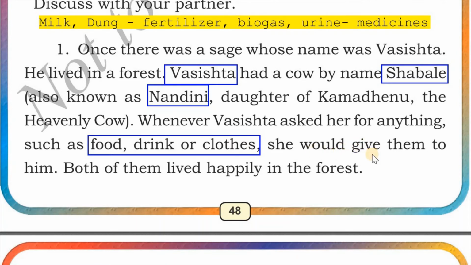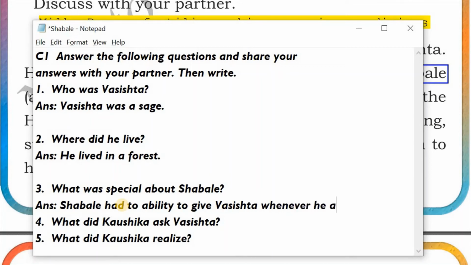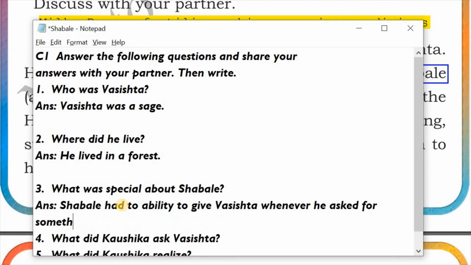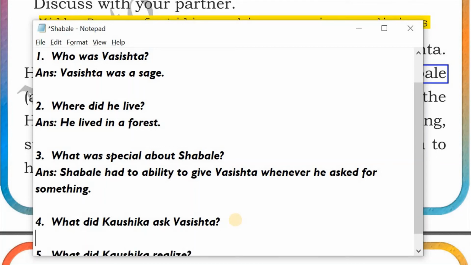So we can say that Shabale had the ability to give Vasishta whatever he asked for. So that was what was special about Shabale. Next question. What did Kaushika ask Vasishta? So we know that Kaushika asked Vasishta for Shabale.